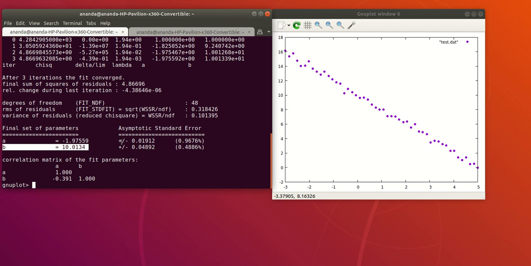It actually also gives you estimates of the error with these values. And what we see is this looks like a reasonably good fit because the errors are pretty small, around 1% and 0.5% for a and b respectively, as you can see here.